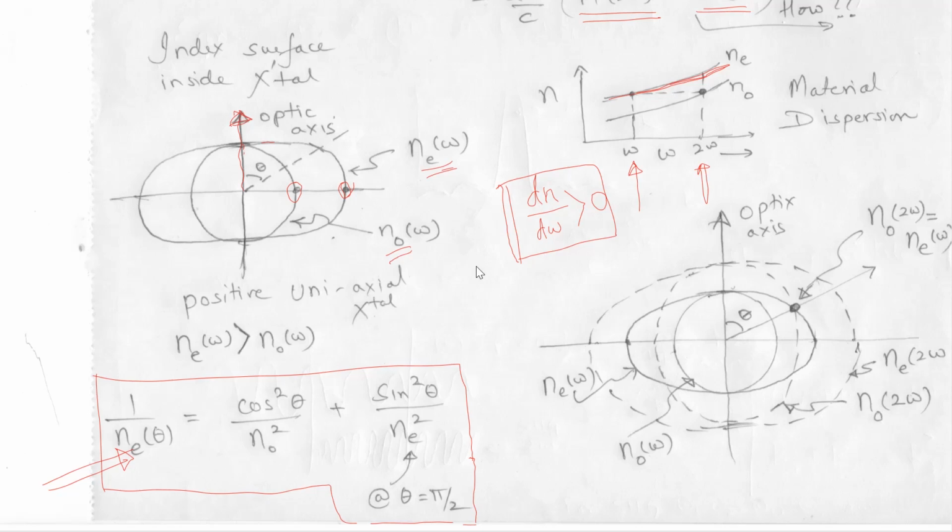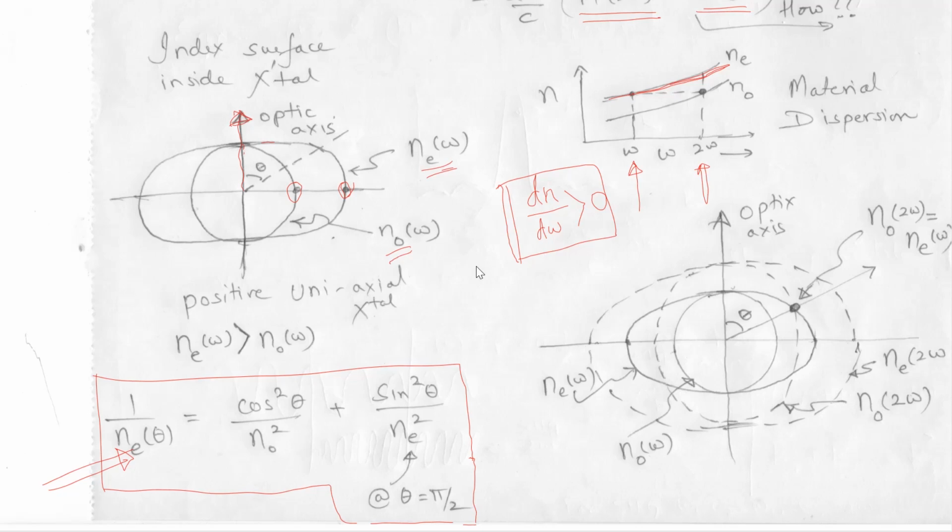So now you see, what I am interested in is the regime where the refractive index for omega for the extraordinary ray matches with the refractive index for the ordinary ray at 2 omega. So let us make this index surface.